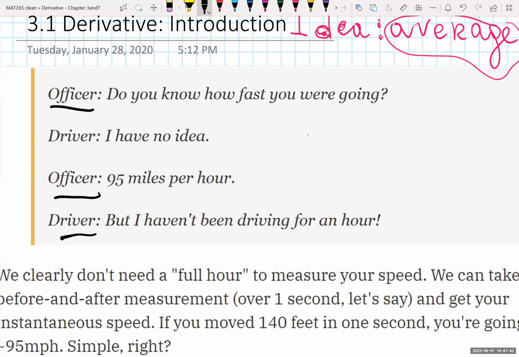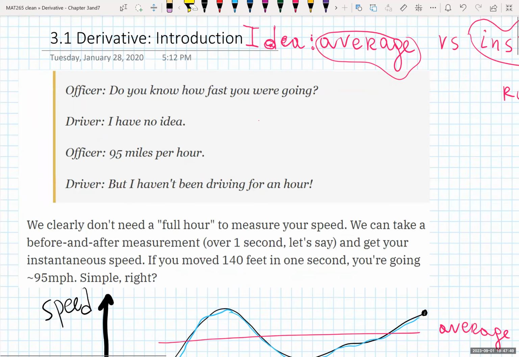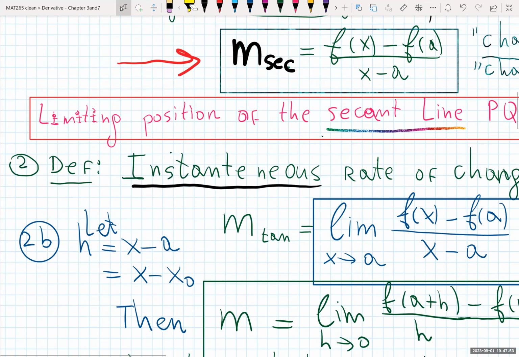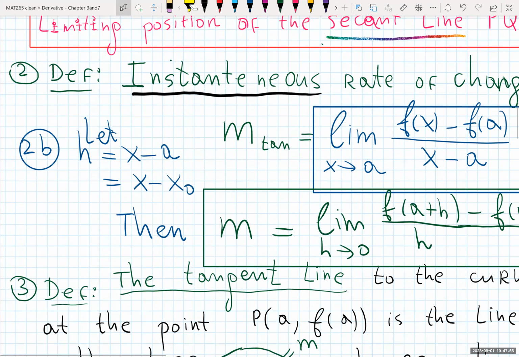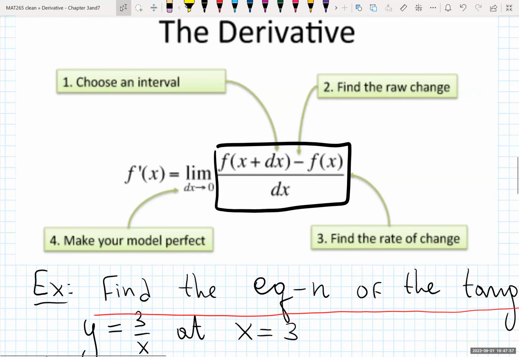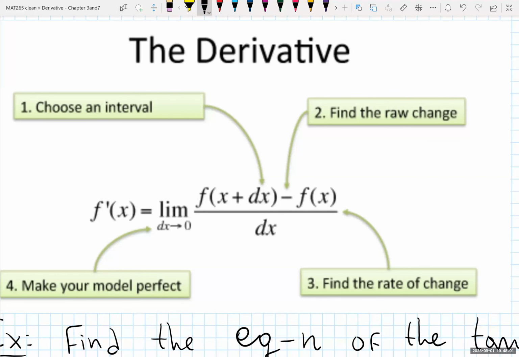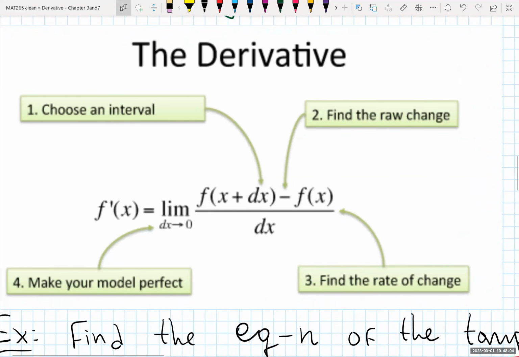I was driving for 25 minutes. That's the cool part here. How does the speedometer, this device the officer holds, know that you were driving 95 miles per hour if you did not drive for an hour? The average gives you some average speed, but instantaneous gives you the instant speed. How to find it? You find a little bit before and after you pass the policeman.